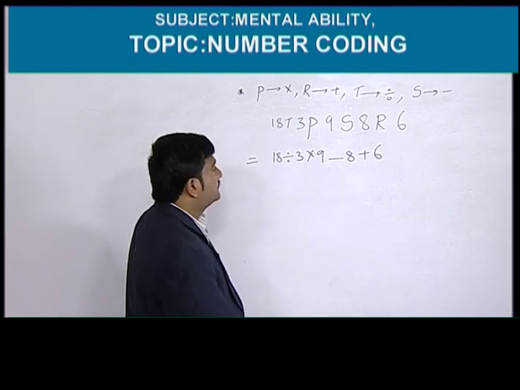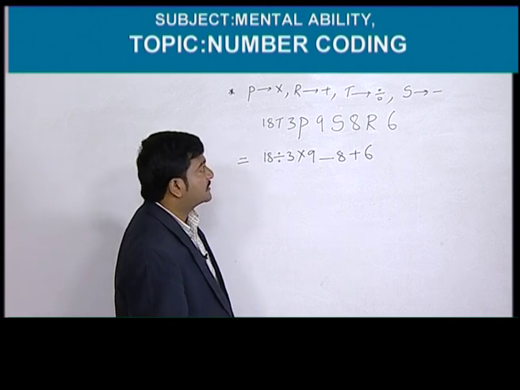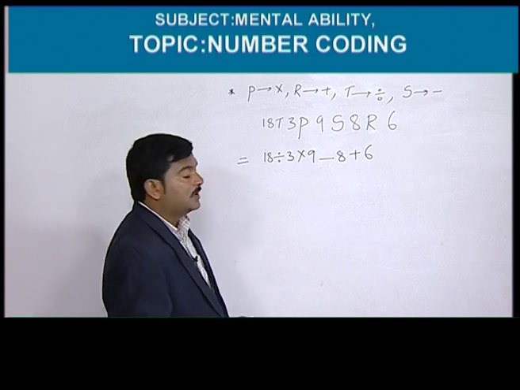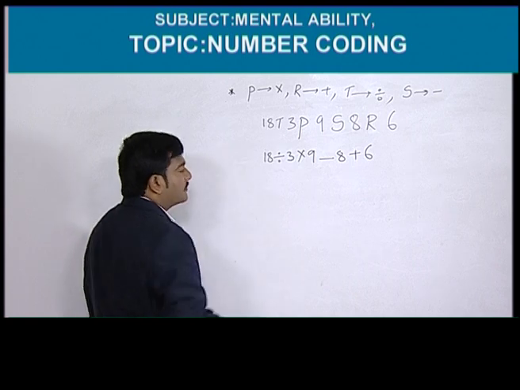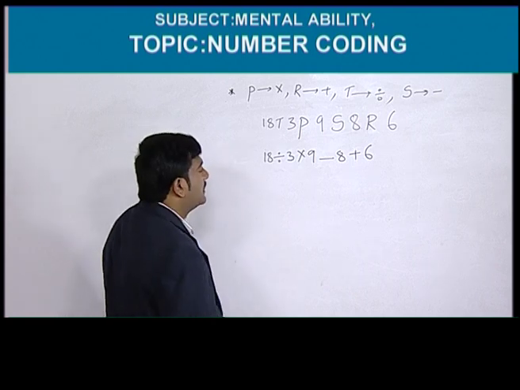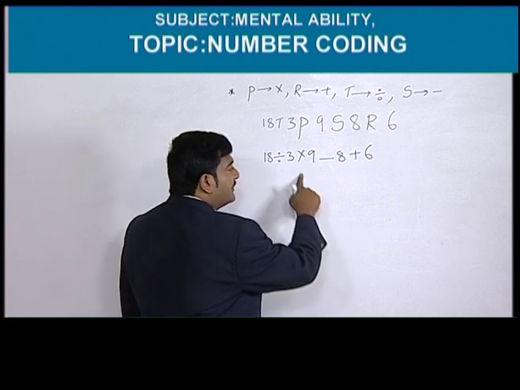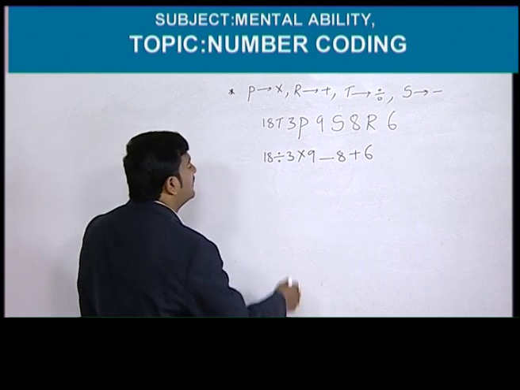He only gave P means into, R means plus, T means divided by, S means minus. I already told you that you have to simplify by using the BODMAS rule concept. So first you have to simplify division, then multiplication, then addition, finally subtraction. Okay, so now first we will see division.